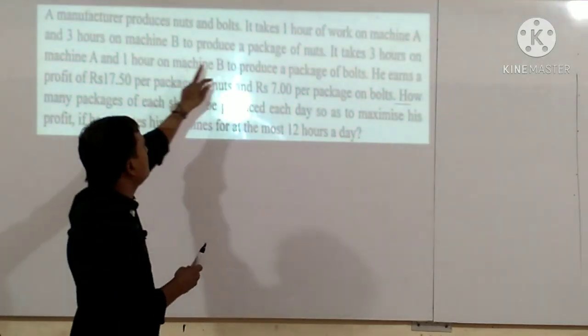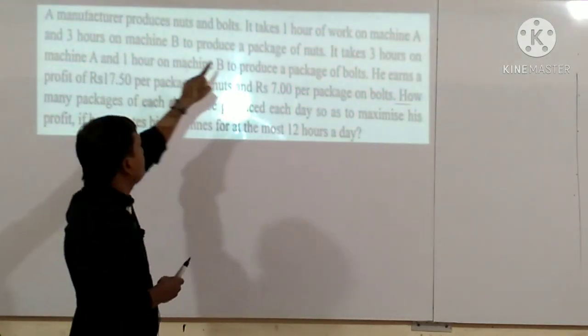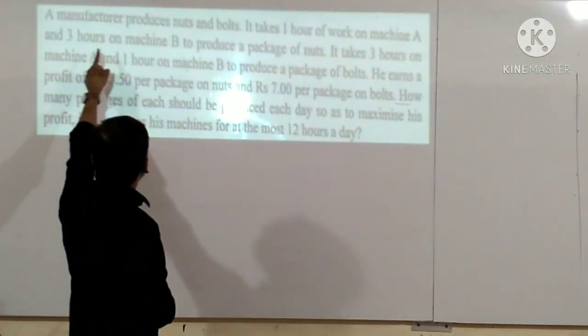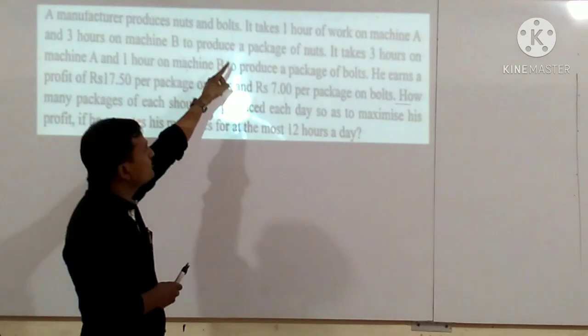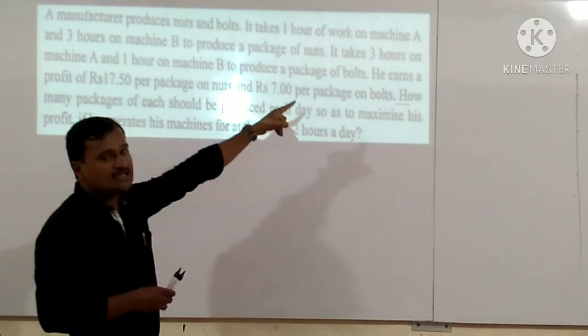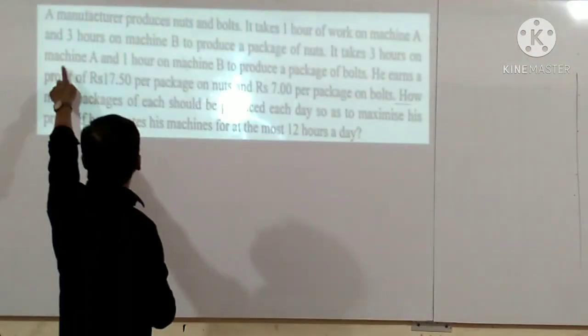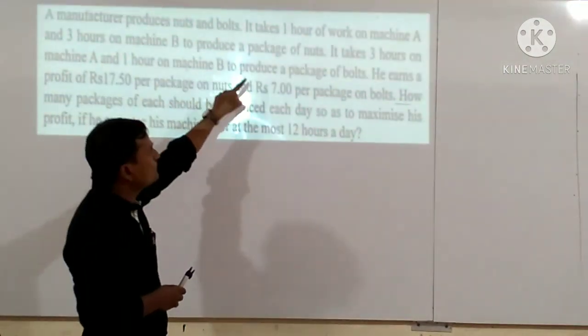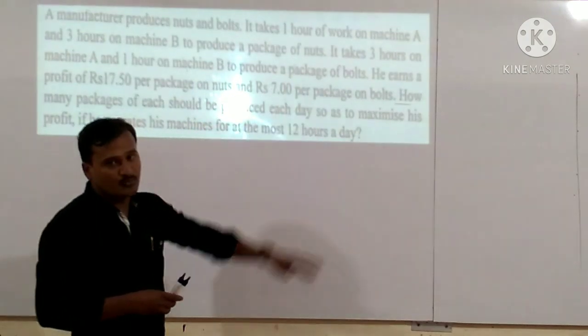So it takes 1 hour of work on machine A and 3 hours on machine B to produce a package of nuts. It takes 3 hours on machine A and 1 hour on machine B to produce a package of bolts.